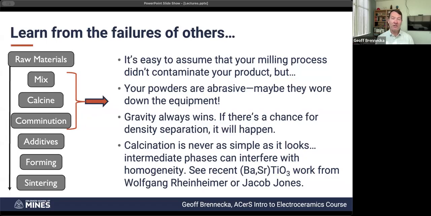And calcination, it's really easy when you write down an equation on paper that says barium carbonate plus titanium plus strontium carbonate equals BST. But it's never that easy in process. And even though that's a system that has been studied to death for 80 years, Wolfgang and Jacob recently published a couple of different independent papers on the BST system and how the calcination process is not as straightforward as everybody thinks it is.